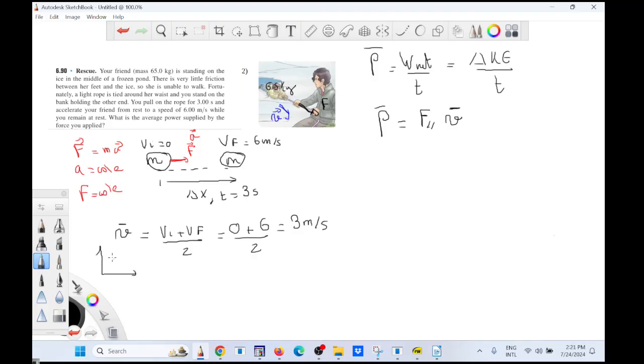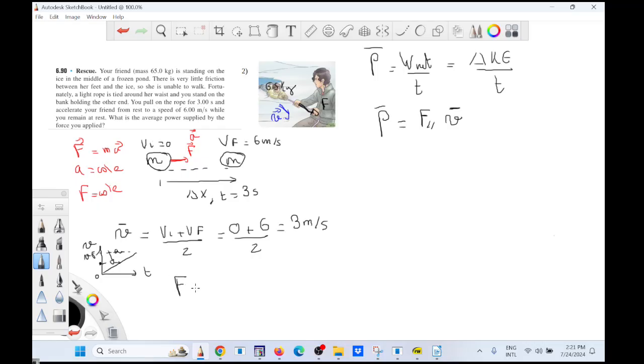Because you see here, the velocity is going to increase at a constant rate, right? The slope here is the acceleration. So the average will be just the midpoint here between 0 and the final speed. Okay, so I can use that equation. That will be only true if the acceleration is constant.